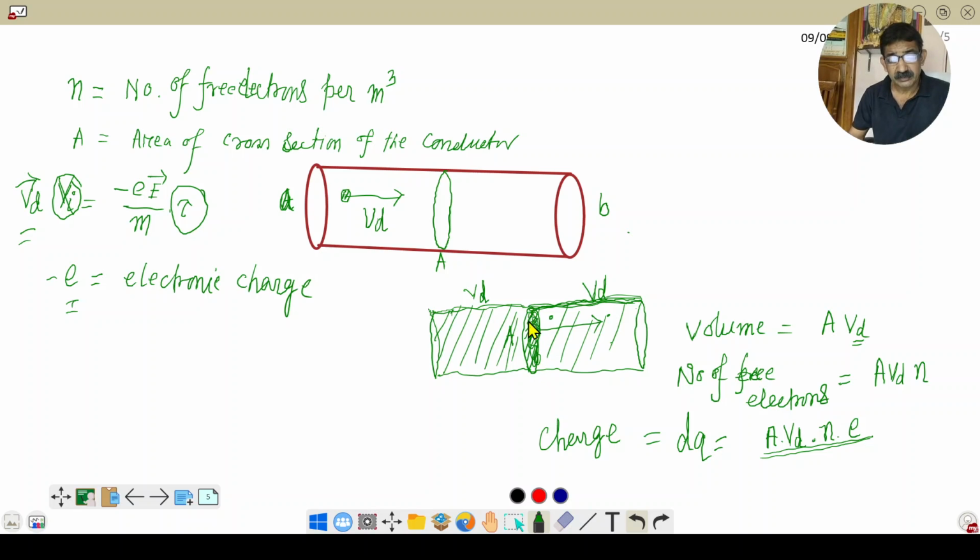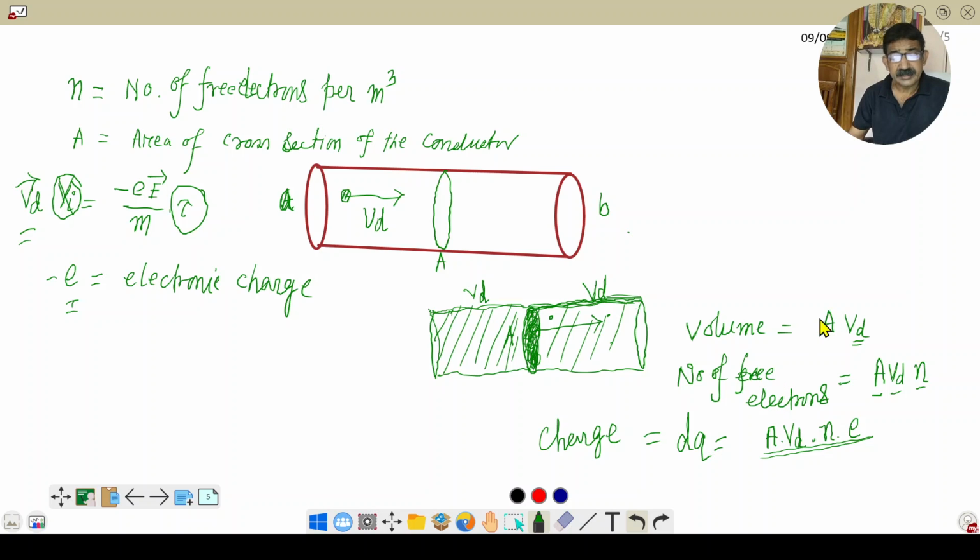So the number of electrons crossing this area in 1 second is equal to A into Vd into n. Okay. And the amount of charge crossing this area is dq is equal to A Vd n e.